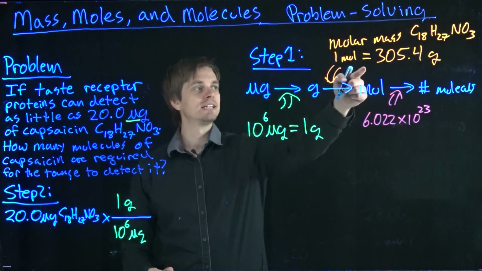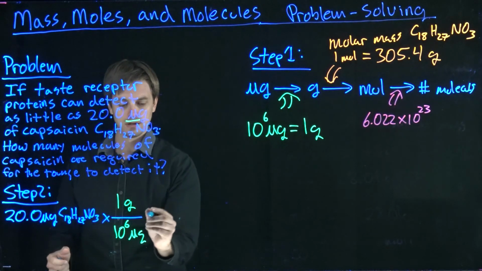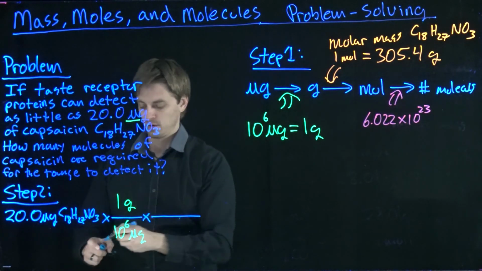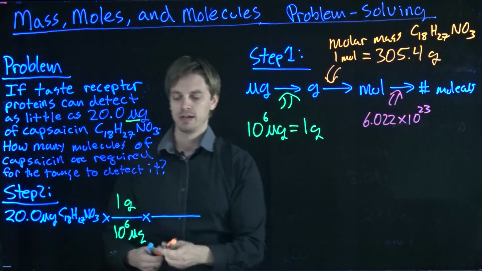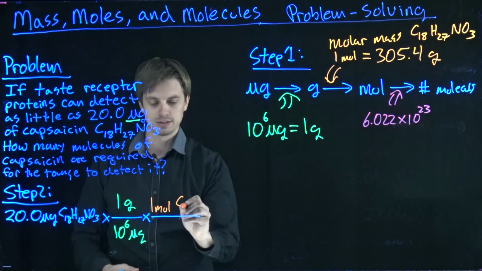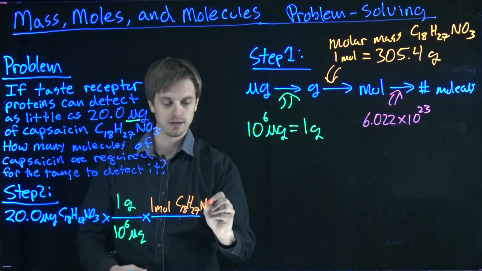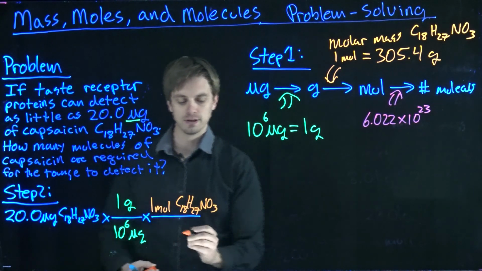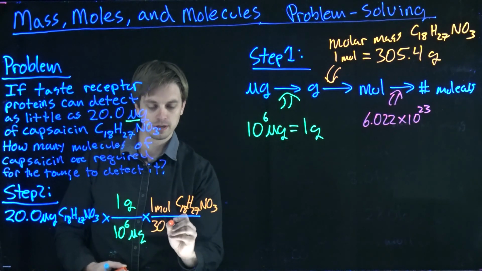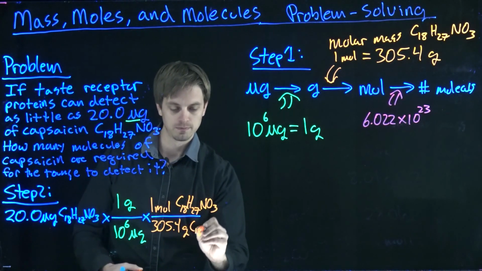Then our next step is to use the molar mass. The molar mass we calculated in the previous step tells us that 1 mole of C18H27NO3 weighs approximately 305.4 grams.